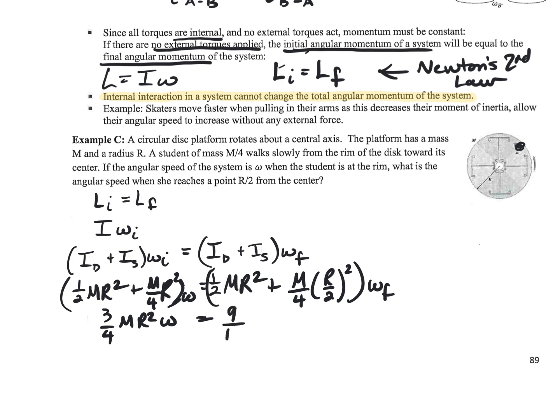So this becomes 9/16 m r squared omega final. Well, the m and the r squareds go away. Multiply by 16, divide by 9. So omega final becomes 4 over 3. Oh, hey, look at that. 4/3 the original angular velocity.